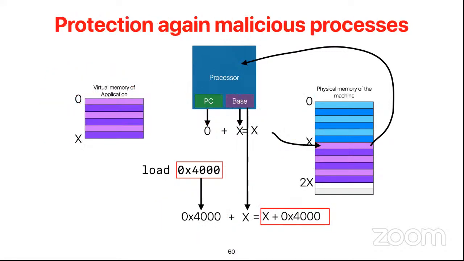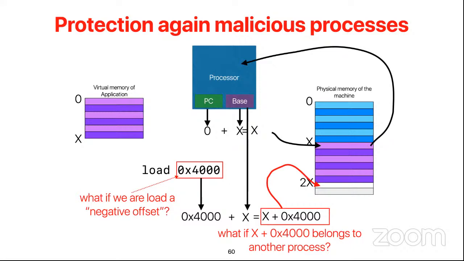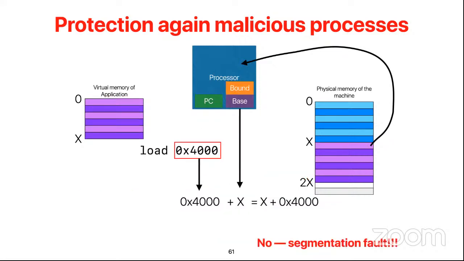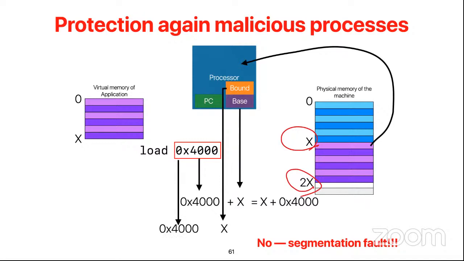So what you really need to fix that is a bound register to know the boundary of the segment, and you have to check the boundary of the segment, making sure that it's not going over 2X and it must be greater than X. Whenever you are under the situation that you are greater than X but under 2X, then you can proceed, right?